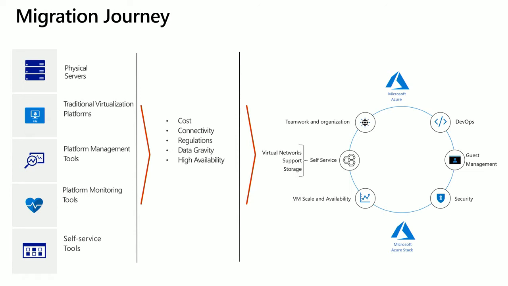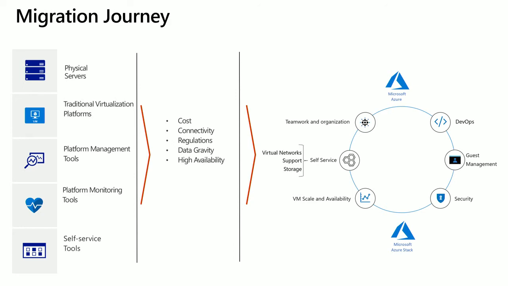When you talk about migration, there's a certain set of things that you need to look at, which will help you decide whether or not you need to migrate to Azure Stack or whether you need to migrate to Azure Public Cloud. And a lot of those are cost. So how much money do you really have to play with? And then connectivity. So are you running in an oil rig where you don't actually have connectivity to the internet?